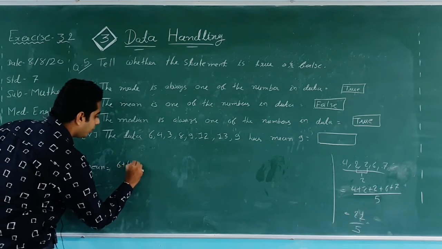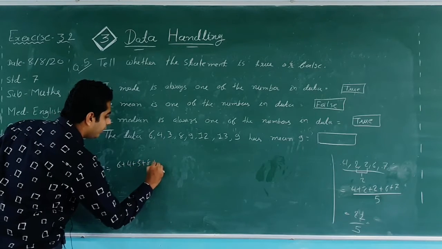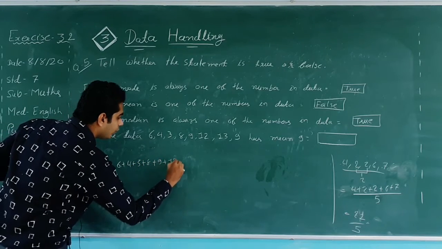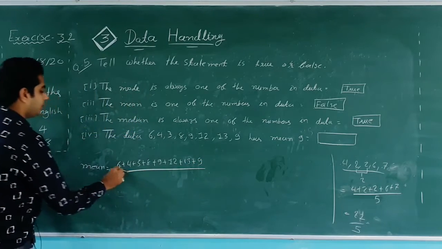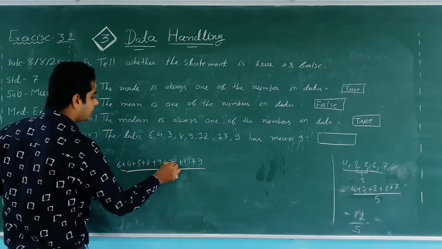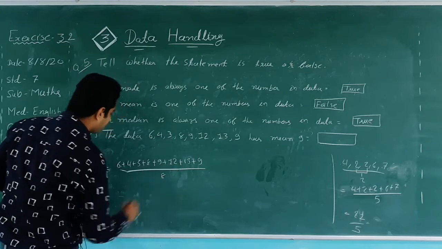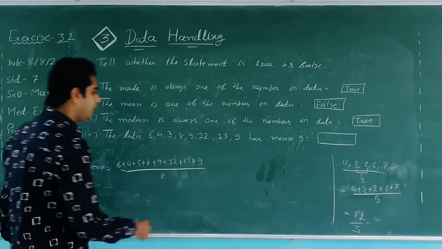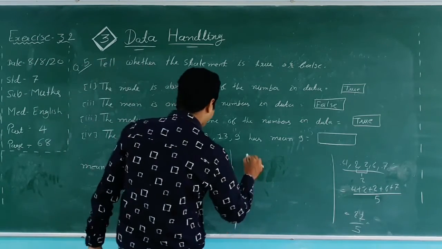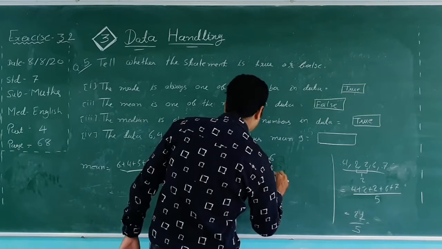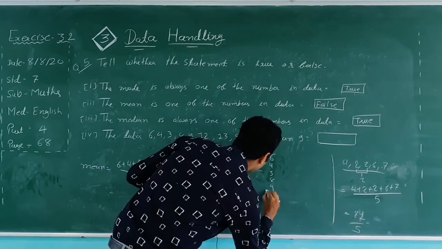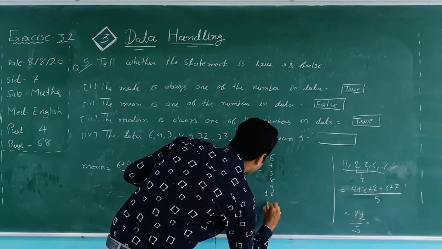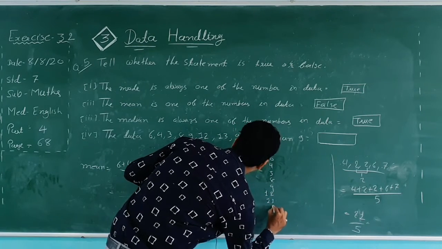6 plus 4 plus 3 plus 8 plus 9 plus 12 plus 13 plus 9, divided by how many data? 1, 2, 3, 4, 5, 6, 7 and 8. So first of all we have to do the addition of the data. So let's do it here: 6, 4, 3, 8, 9, 12, 13 and 9.